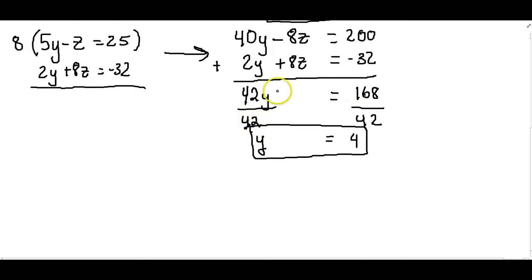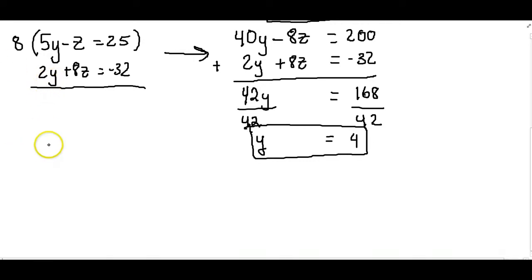So now let's take one of the new equations we came up with, which was 5y minus z equals 25 and 2y plus 8z equals negative 32. Since we only have two variables in those, we can put this 4 that we just got for our y value back into one of those equations, and we can solve for our z.